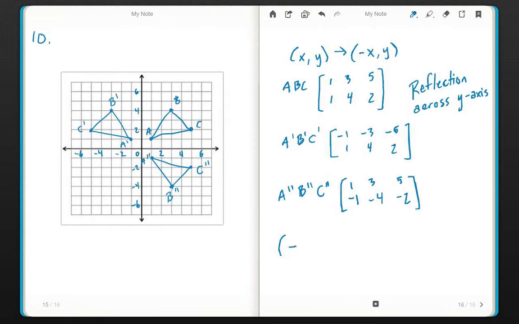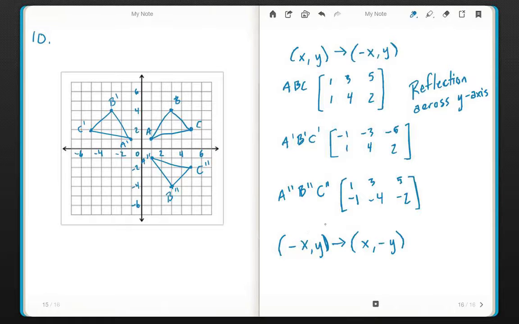If we were to continue this rule from where we ended up after our first transformation, our original x's were made negative and y's were kept the same in the first transformation. Now, those x's are going to return to their original values, so they're back to positive x values, and the y's instead are becoming negative.